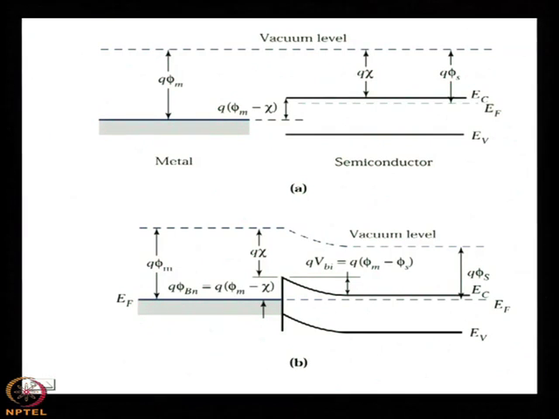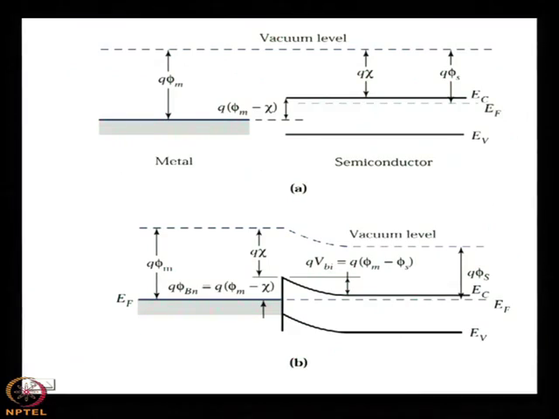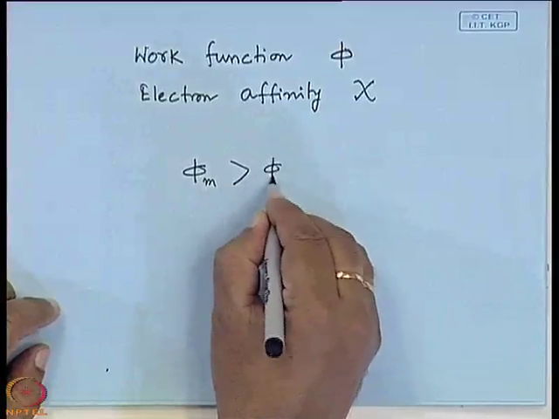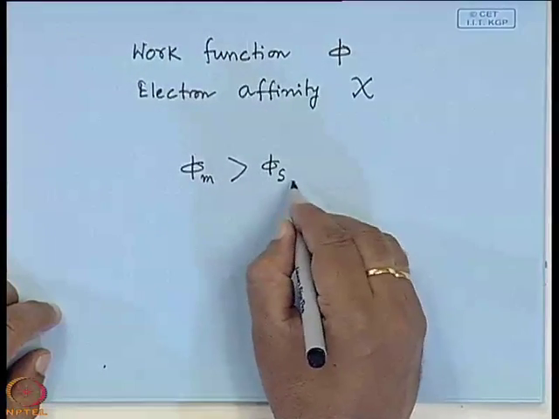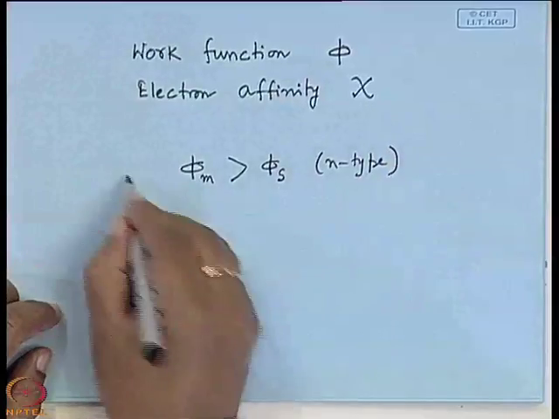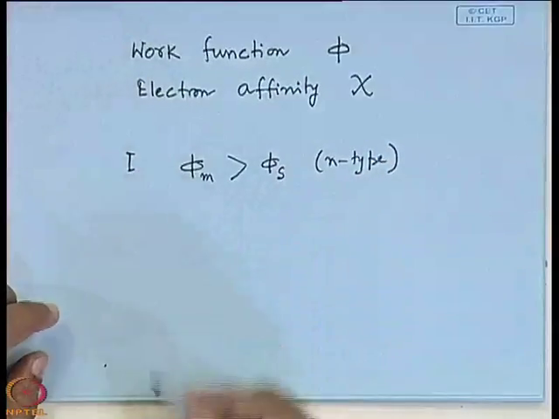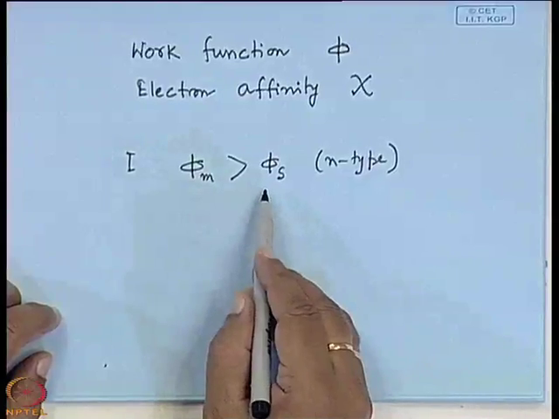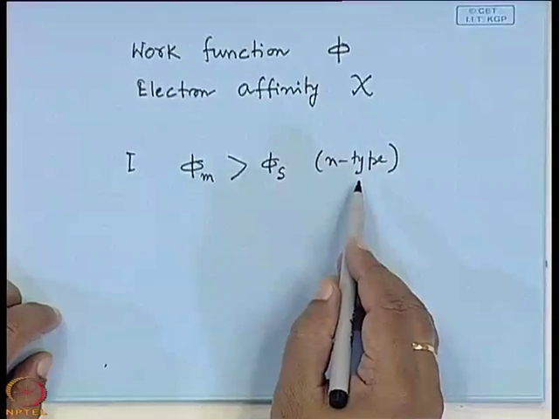Now, let us take one case where the work function of the metal is greater than the work function of the semiconductor, being n type. This is case 1. There may be several cases. It may be phi m less than phi s for n type semiconductor.